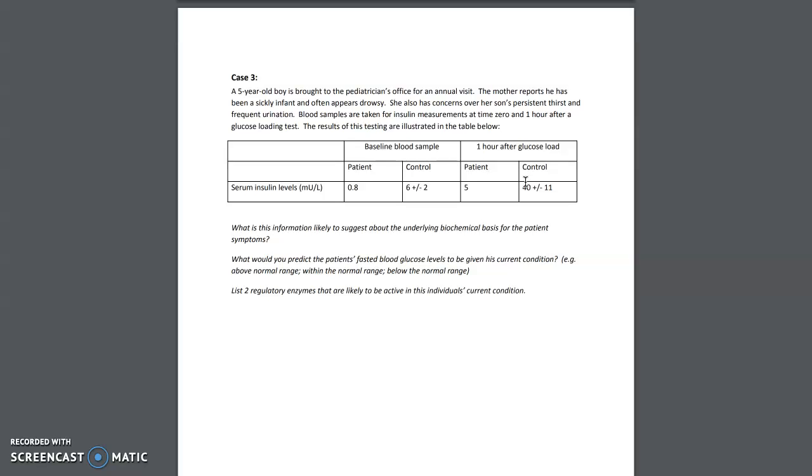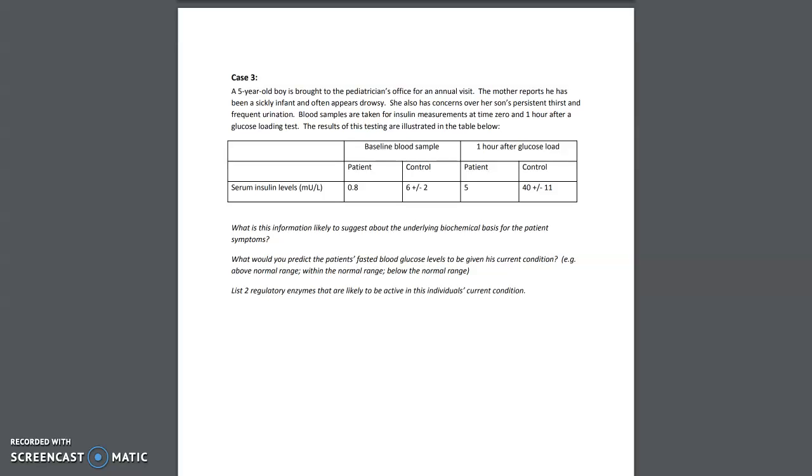The next one is glycogen synthase, which converts glucose 1-phosphate into glycogen through the process called glycogen synthesis. So in the fed state, glycogen synthase is dephosphorylated and it is caused to be active.